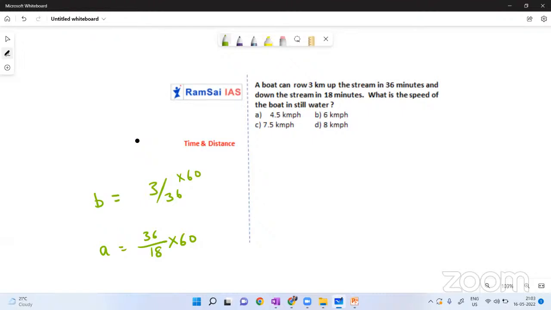Kilometer per hour. Okay. So now what we need to find out, what is the speed of boat in still water? U equal to half of A plus B. B equal to 5.